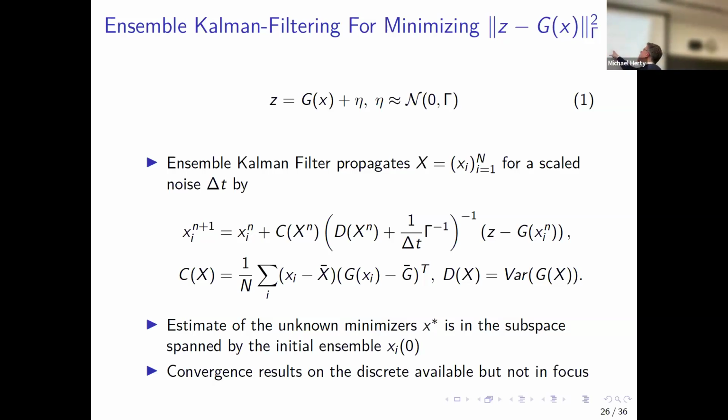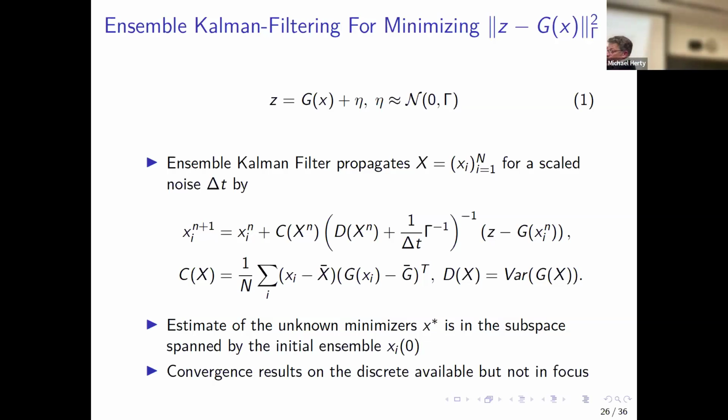So you have data, you have your model evaluation, and you have a weighting term where the noise of the model enters, and where the covariance of the noise enters. You have a term which is the variance of the model evaluated on these particles, and you have this mixed term.